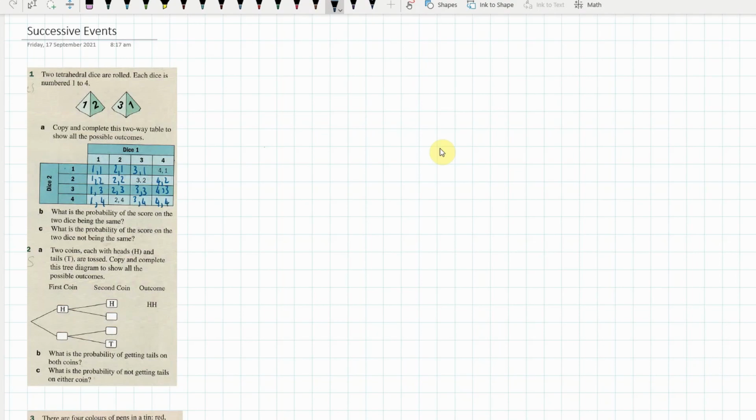And part B, we have to find the probability of the score on the two dice not being the same. Well, if you look at it, you can see same here, same here, same here, same here.